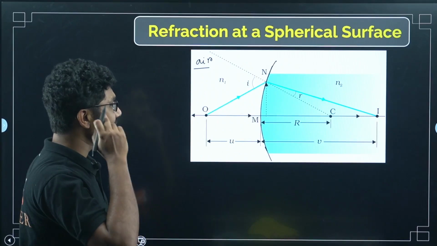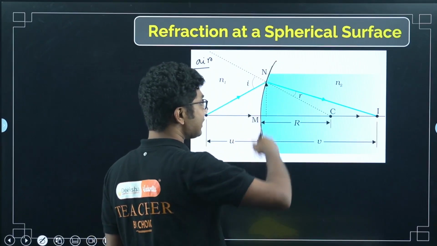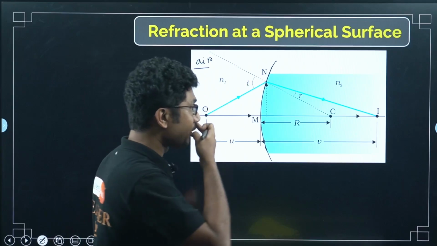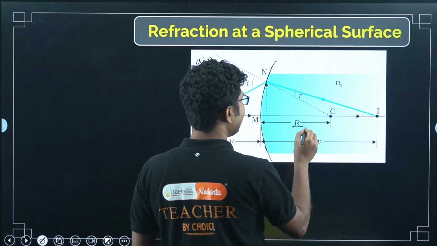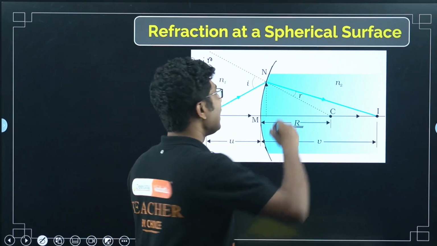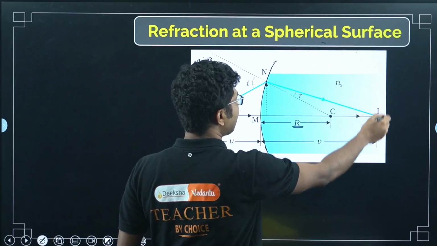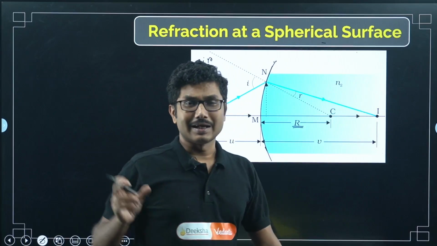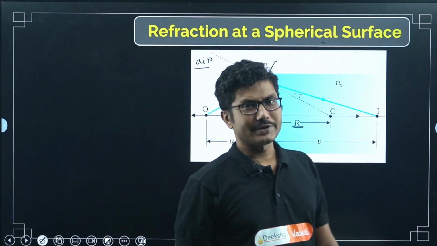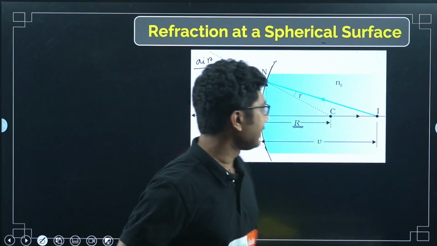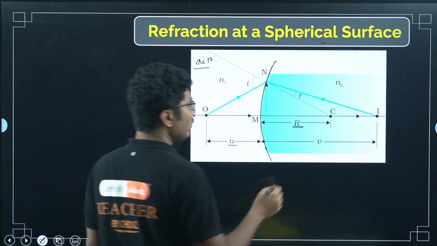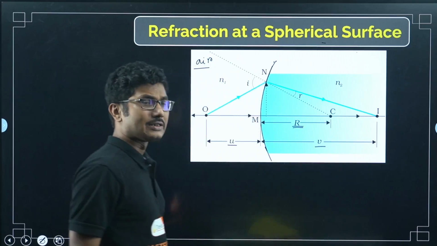Now what is the relationship? Since this is a spherical surface, there will be a radius of curvature. If this were a full sphere, the radius of that sphere is called the radius of curvature of the spherical surface. This distance is the object distance, called u. This is the image distance, called v.